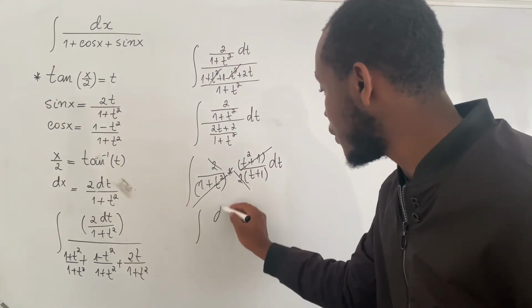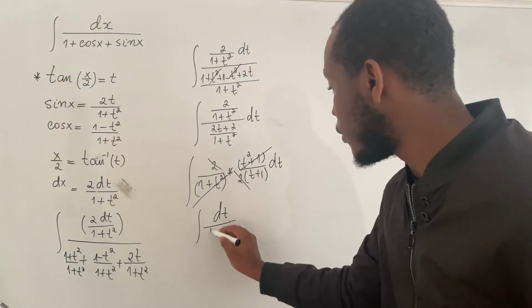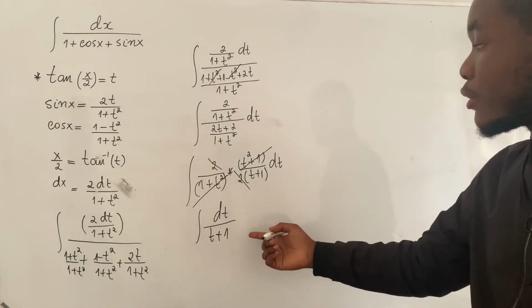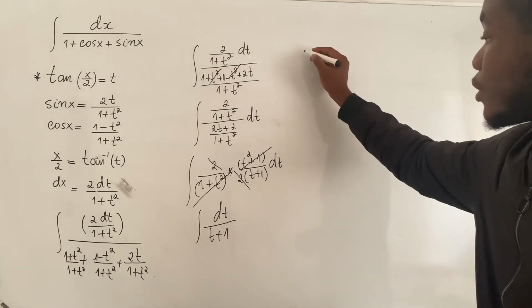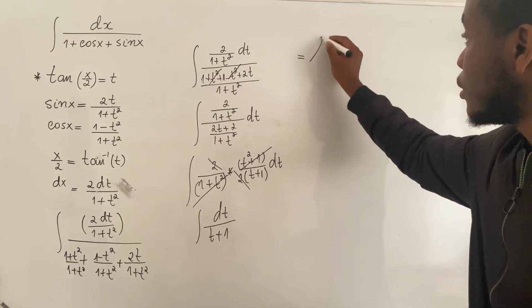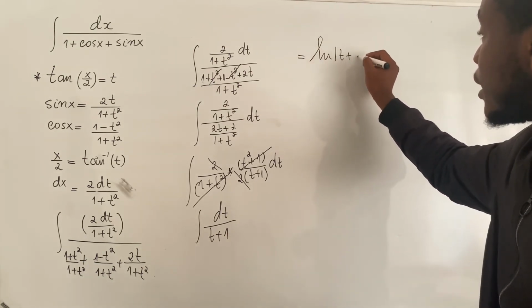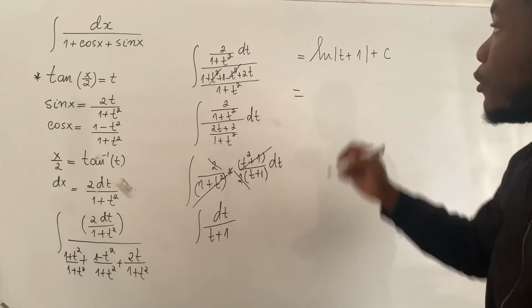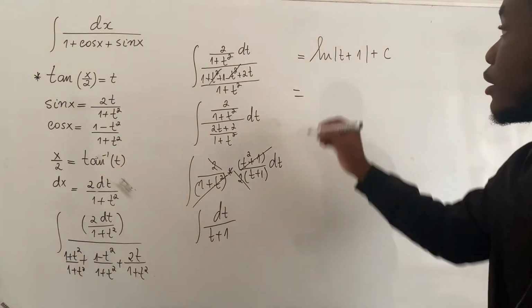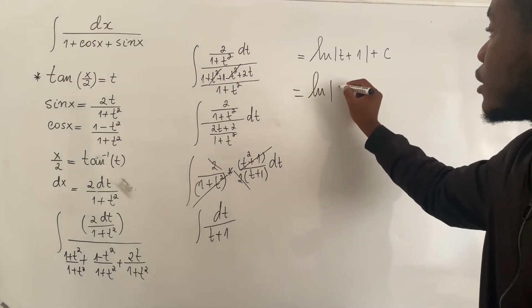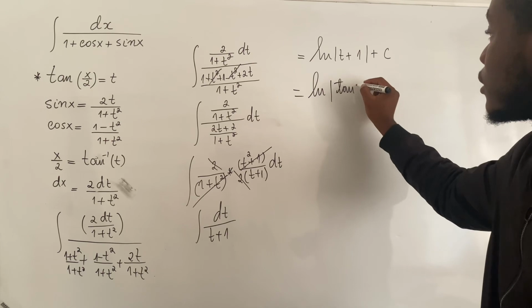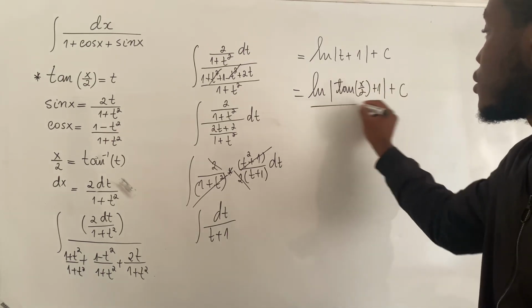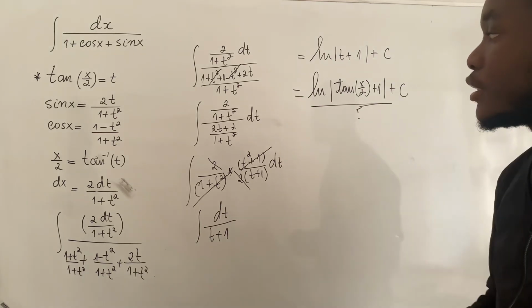So we end up with the integral of dt over t plus 1. All right, so this is a straight integral because this is ln. So this will be equal to ln of t plus 1 plus c. But what's the value of t? The value of t we said in the beginning. So the answer is ln of tan of x over 2 plus 1 plus c. So this is the solution of that given problem.